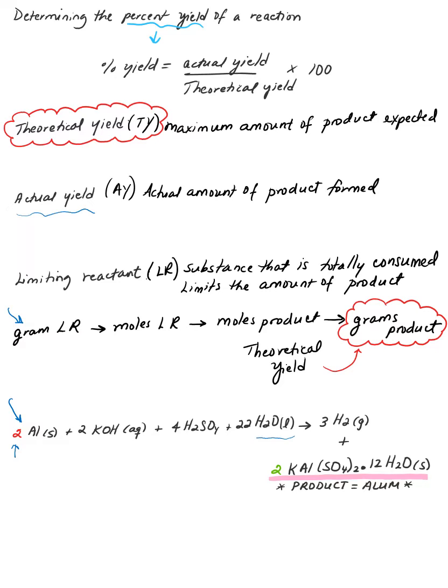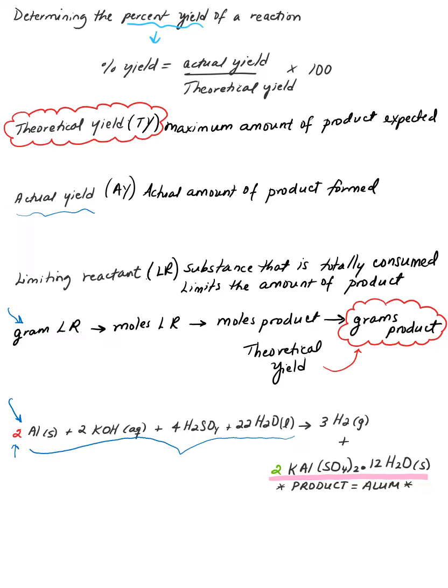Everything on the left side of the arrow are reactants. So you have the aluminum, potassium hydroxide, sulfuric acid, and water.